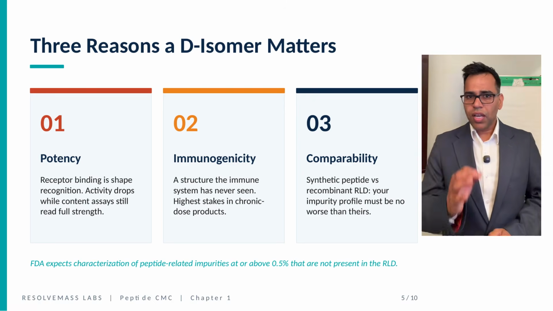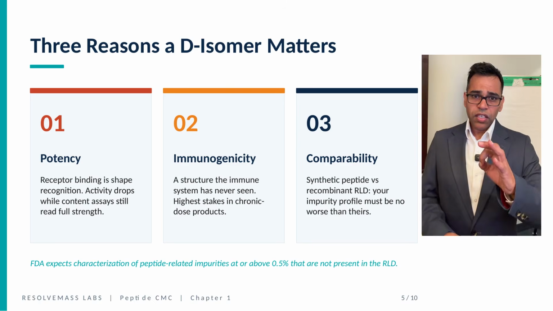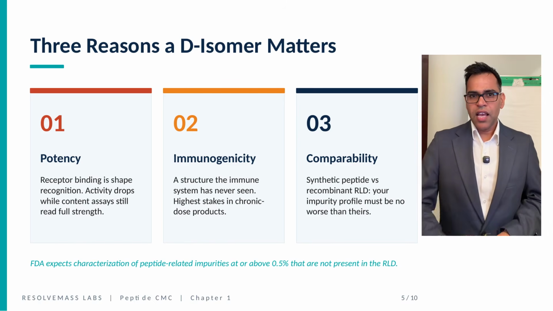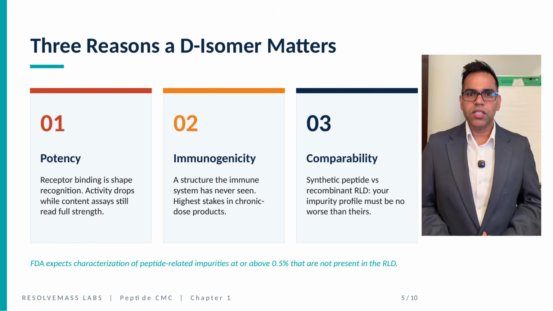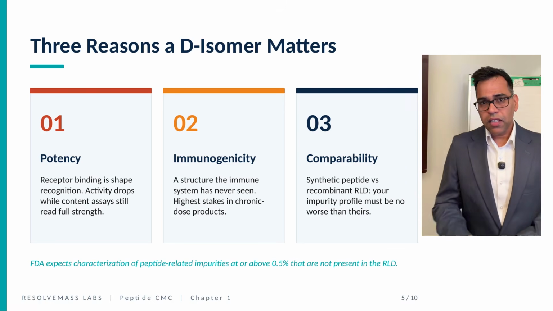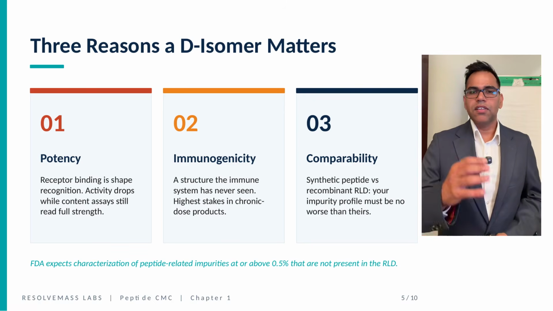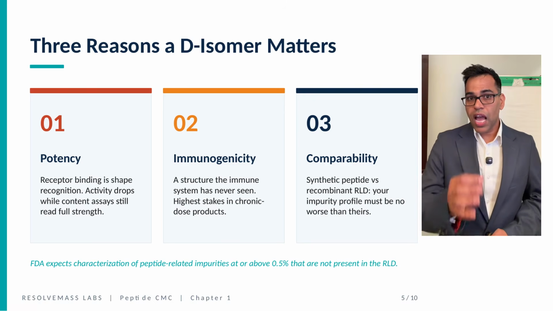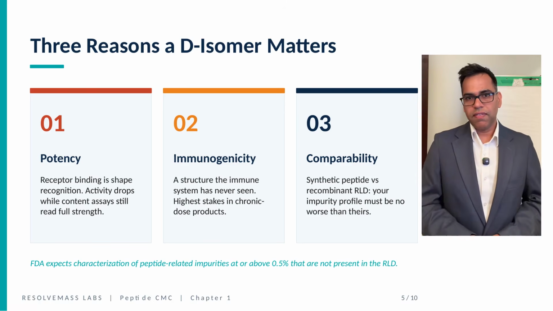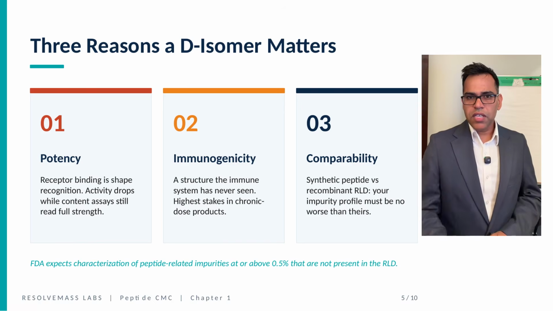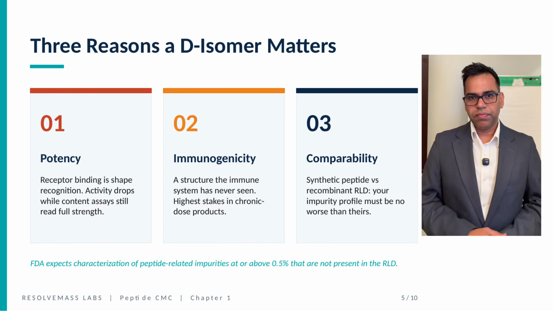A stereochemically altered peptide is a structure the immune system has never seen, and in chronic dose products, that is the risk regulators weigh hardest. Third, comparability. If you're filing a synthetic peptide against a recombinant reference product, you have to show your impurity profile is no worse than theirs. An unmeasured diastereomer is a hole in that argument.